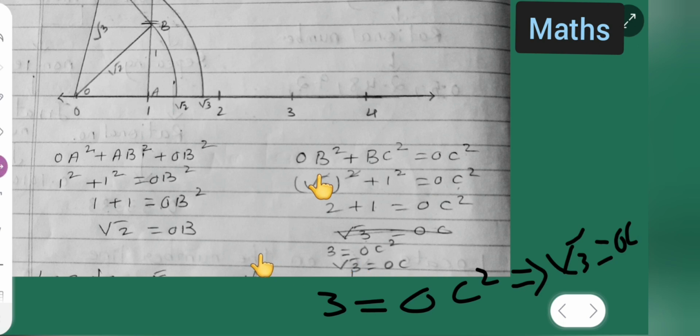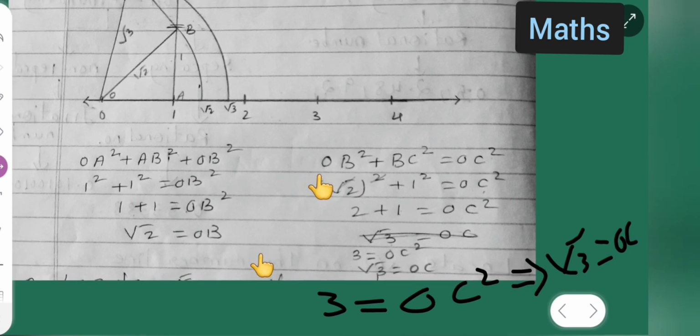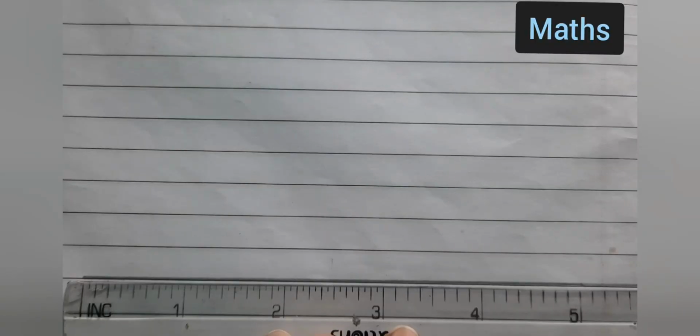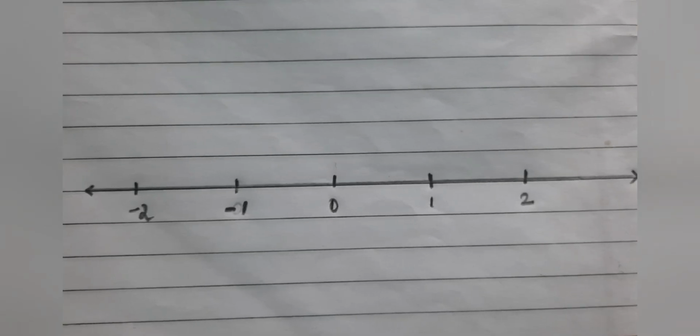Now I will be giving you the representation of root 3. So you'll have to take this in inches. Draw a line in inches first. So these are all in inches, whatever it is. This is -2, -1, 0, 1 and 2.